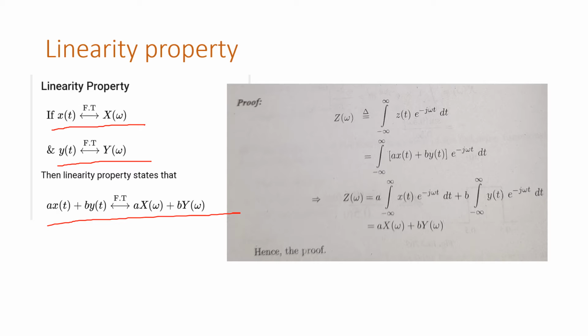In the proof, I have just applied the Fourier transform to the z of t and I have substituted z of t as a x of t plus b y of t, where a and b are constants. As we can see in the proof, z of omega is a x of omega plus b y of omega.